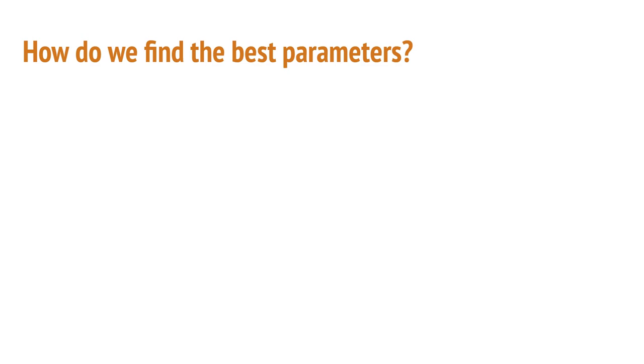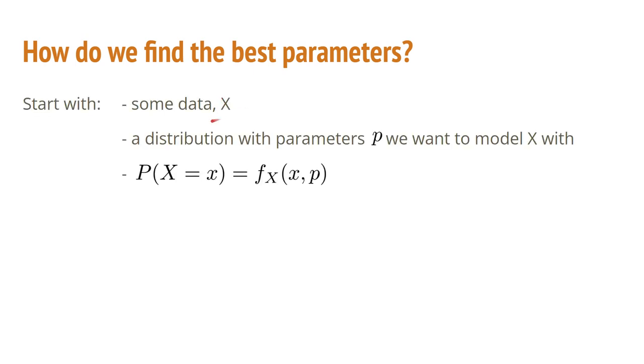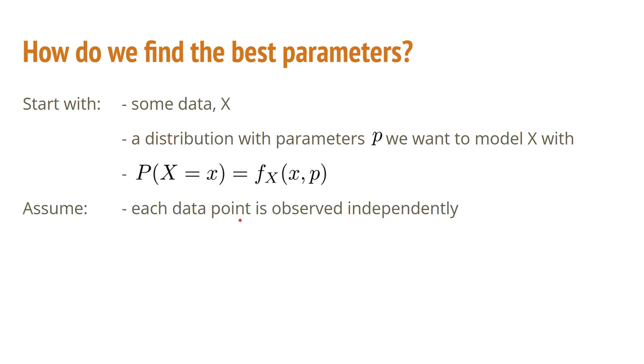Okay, now how do we implement this idea? Well, we start with our data X and a distribution whose parameters we assume and keep arbitrary. And this distribution has a probability density function f of x. We're also going to assume for convenience that each data point is observed independently.